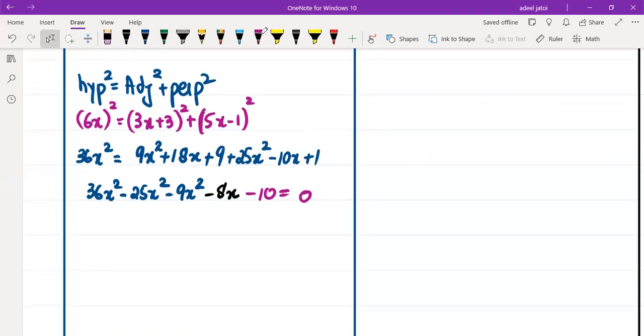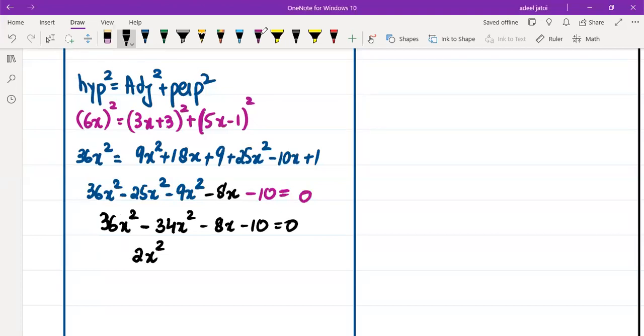So your answer: 36x square minus 34x square minus 8x minus 10 equal to 0.